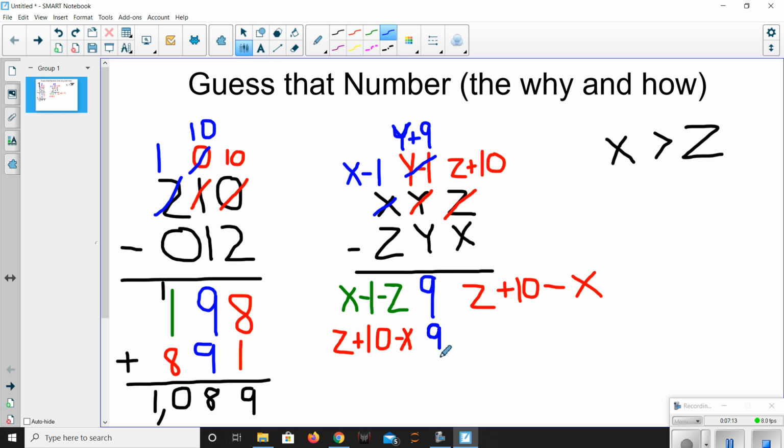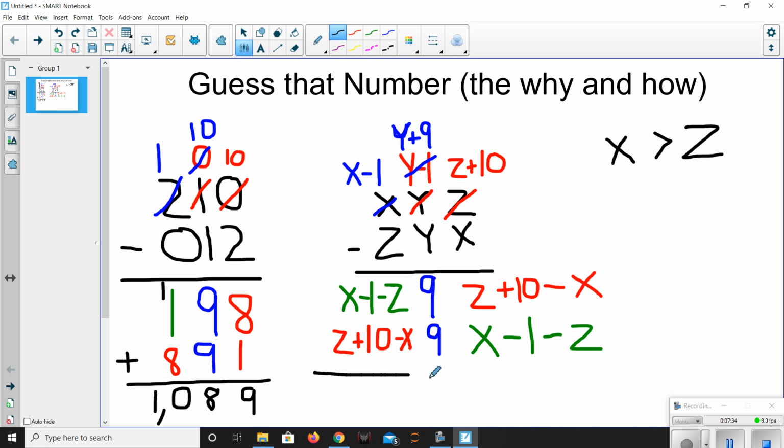Oh, isn't that interesting? It's identical to the tens place when we use the numbers. And then reverse the hundreds into the ones place. 1 minus z. Okay, fantastic.